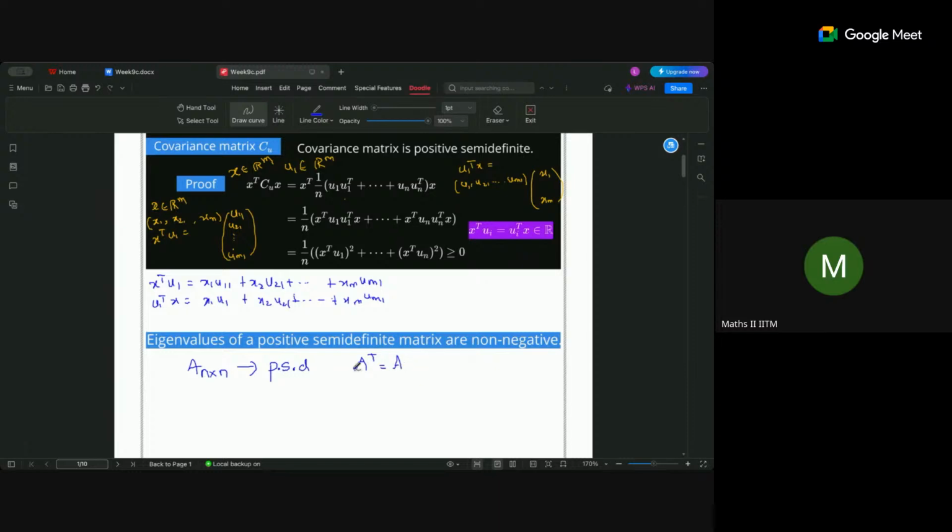And then you know that x transpose Ax is greater or equal to 0 for all x in Rn. So this we know. Now let Av equal to lambda v, where v is non-zero. So this means lambda is an eigenvalue of A. Now I'm telling you the hint. Use this and this to prove the above statement.